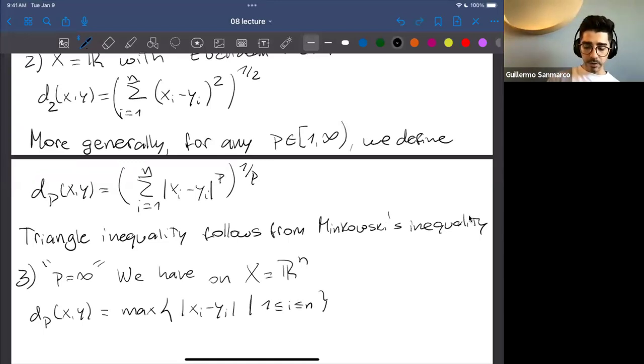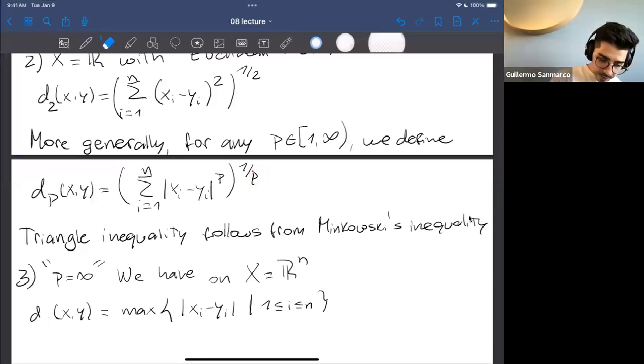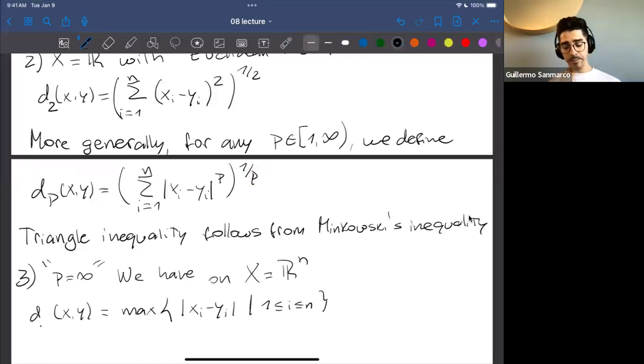So you compute the distance coordinate-wise, and then you just take the maximum distance over the different coordinates. And this is exactly what you get when you let p go to infinity. And this is a typo, it shouldn't be p, it should be infinity. Sometimes it's called the infinity distance or norm.